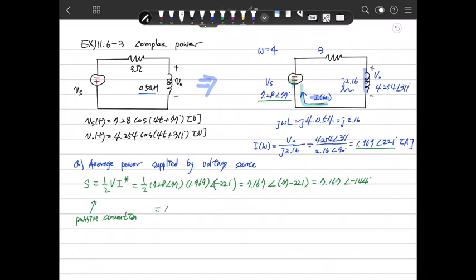Therefore, 7.167 cosine minus 144 degrees plus j 7.167 sine minus 144 degrees. So this is very simple.